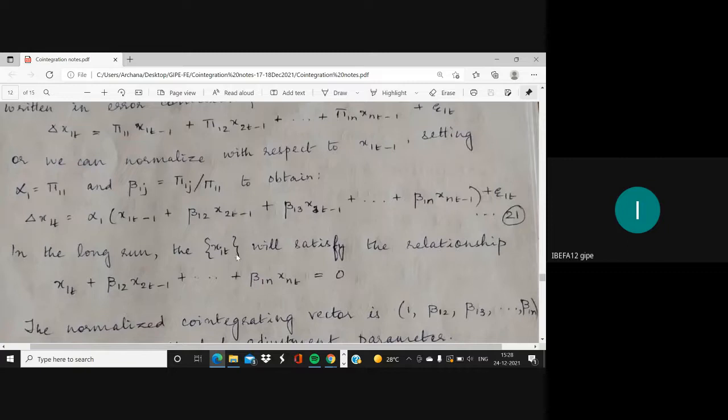Now, in the long run, all these variables, which are basically time series, will satisfy the relationship x1t plus beta 1 2 and so on, whatever is given in brackets. So there will be no disequilibrium in the long run. That's why the term in brackets will basically be equal to 0.